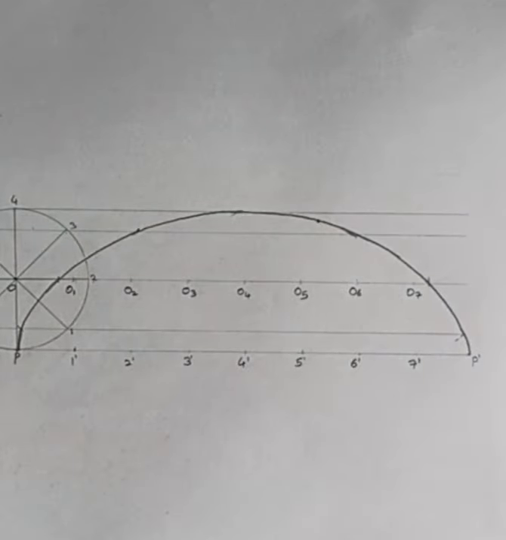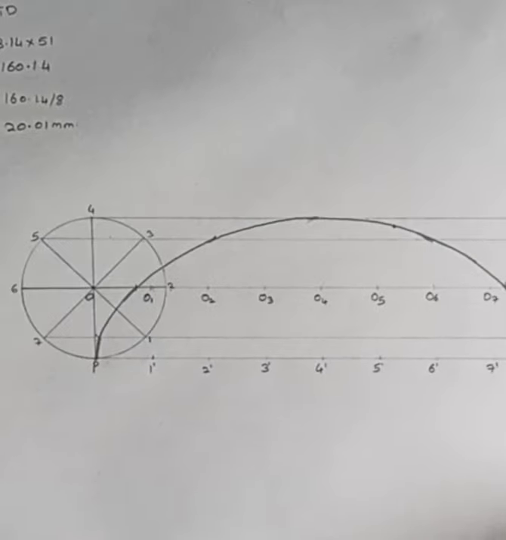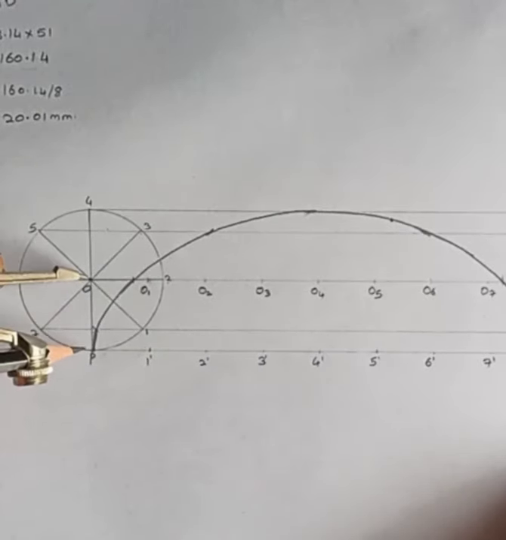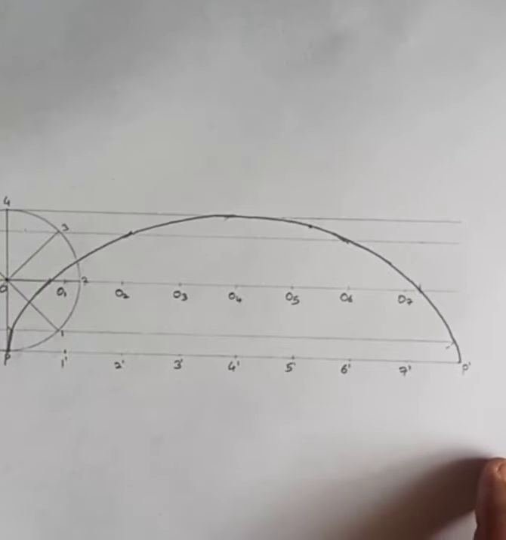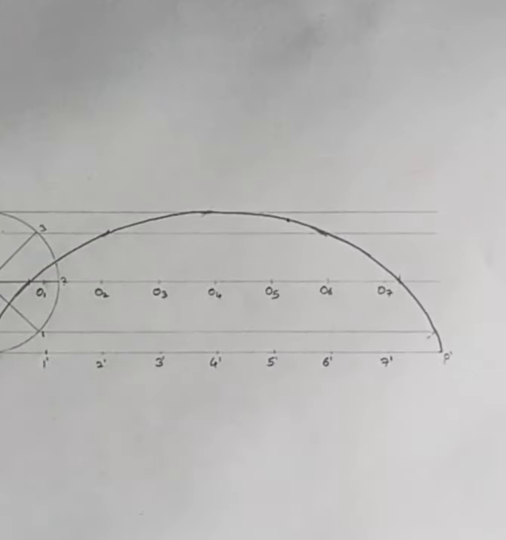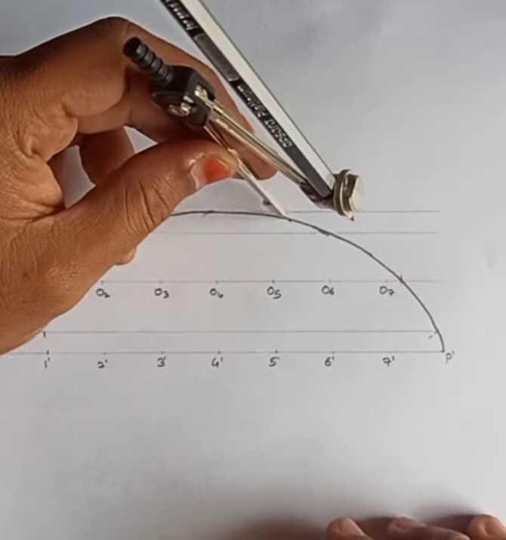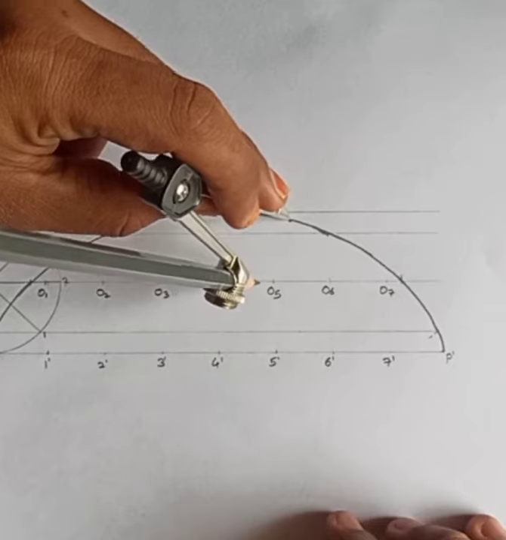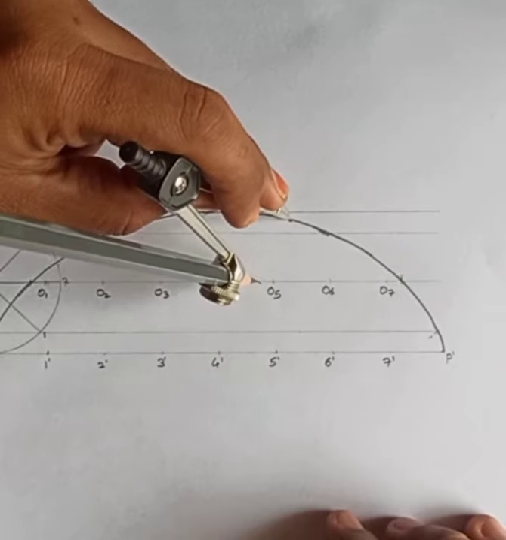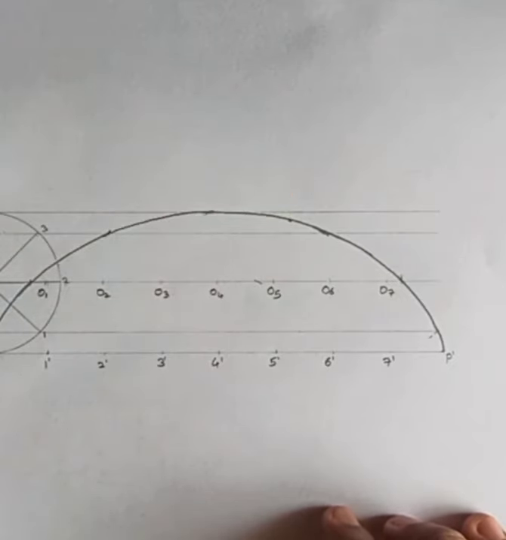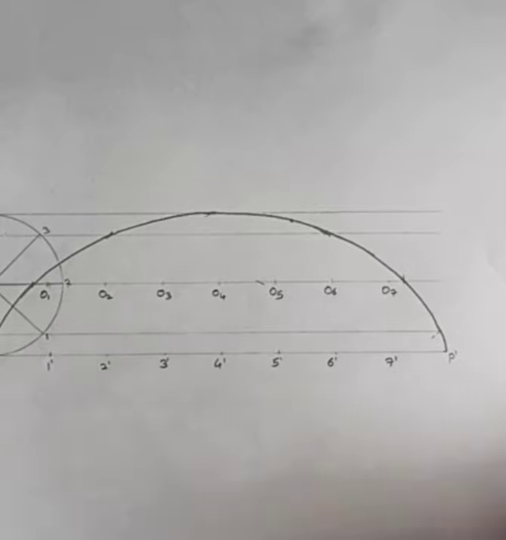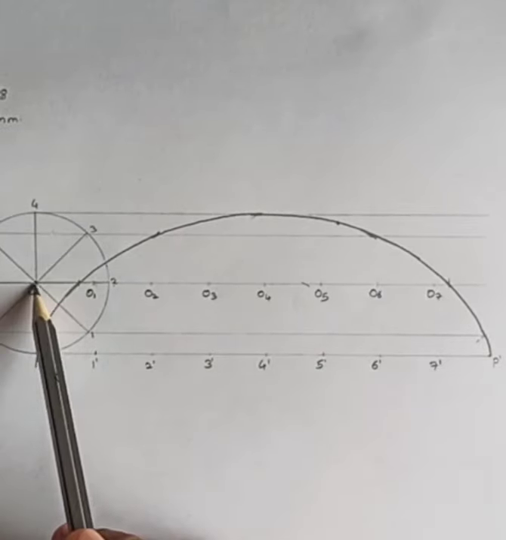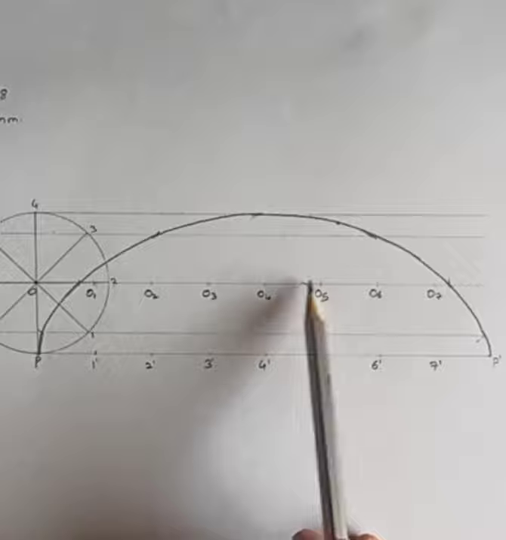Now, to draw the tangent and normal, select any one point on the cycloid. Then, with the selected point as center and the same OP as radius, cut an arc on the line from O. After getting the cutting intersection on the line O, draw a perpendicular line to P dash from the cutting intersection.